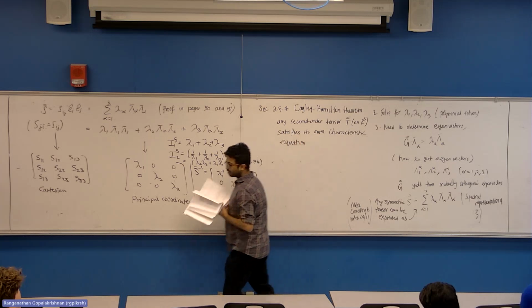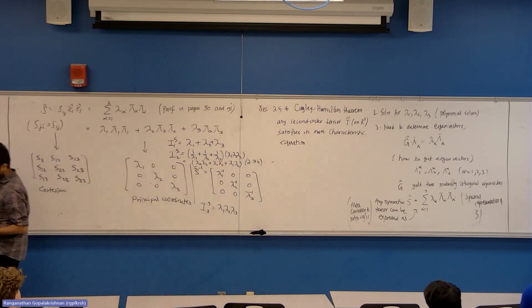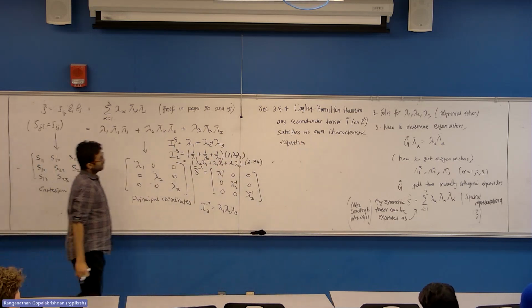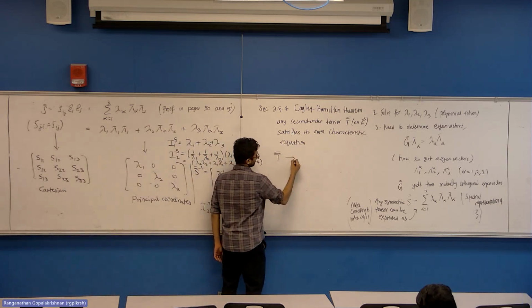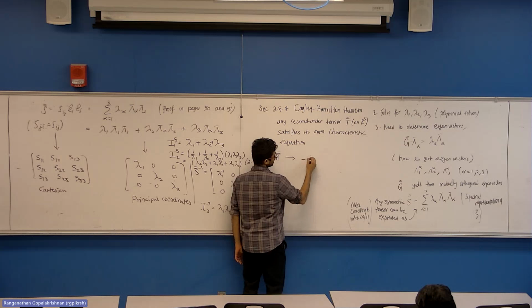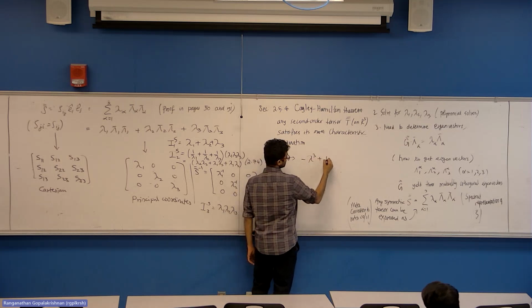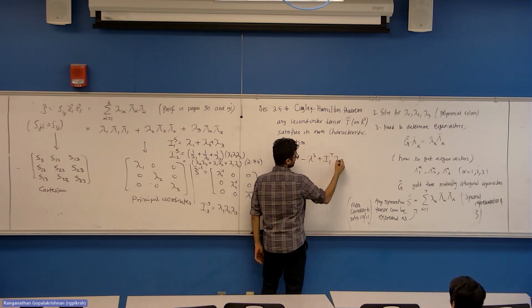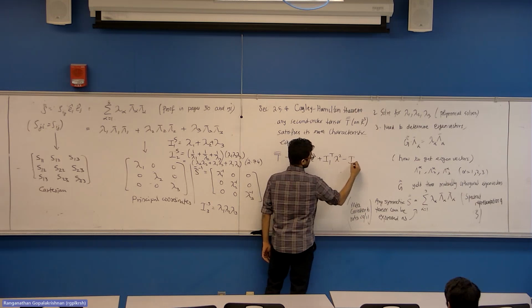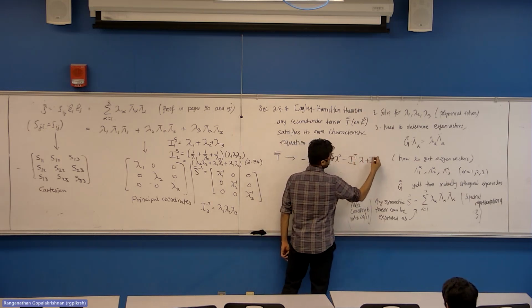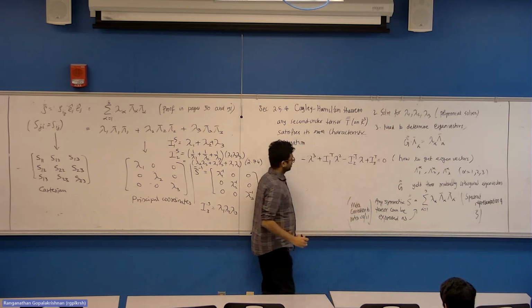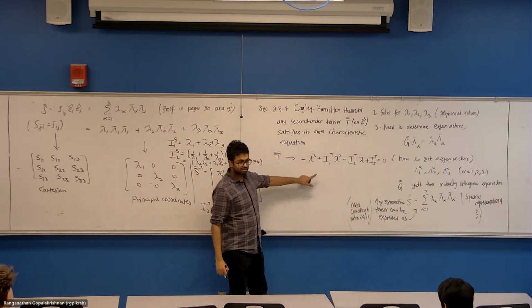First of all, let's see what that statement means. If you have a tensor T, what is its characteristic equation? Minus lambda cubed plus I1T lambda squared minus I2T lambda plus I3T equal to 0. Am I correct with the sign?